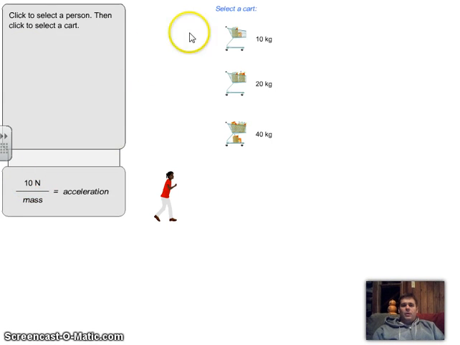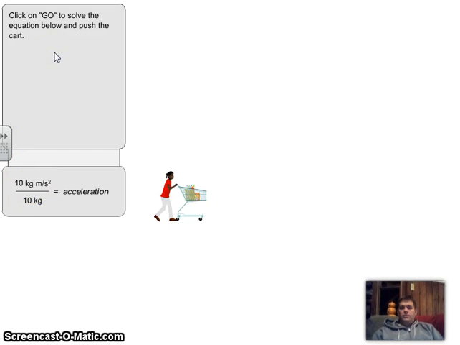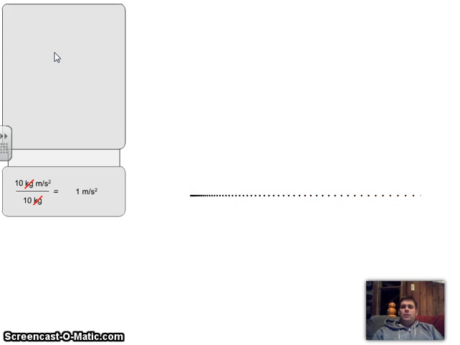Let's say they pull a grocery cart that has a mass of 10 kilograms. The result, 10 newtons over 10 kilograms, is an acceleration of 1 meter per second per second.